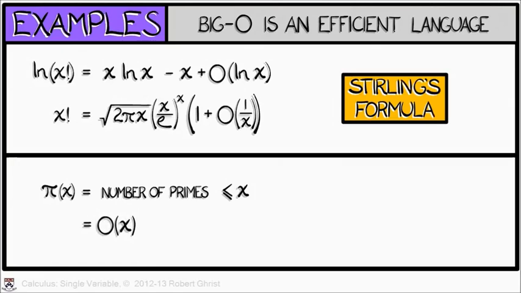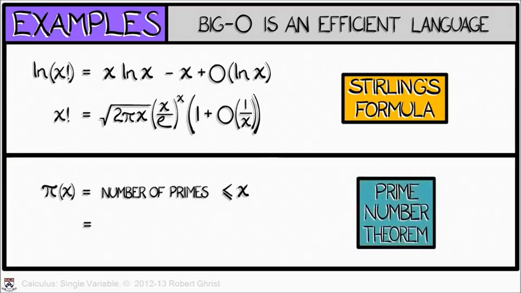Then, one thing we could say is that the number of primes is big O of x. But that's a vacuous statement. Not every integer is prime. We'd like some idea of how many primes there are. Well, of course, there are infinitely many primes, but we'd like to know a bit finer information. What kind of density do the prime numbers have within the natural numbers?